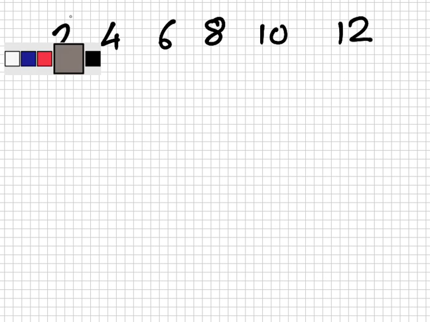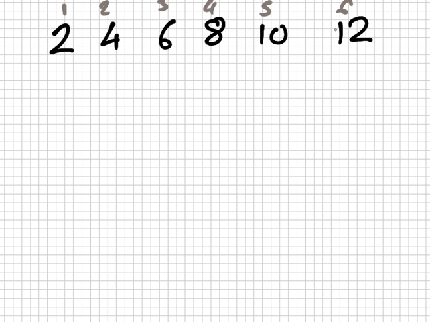Let's say, what type of sequence is this? AP. What's the A? 2. And the D? 2. This is the first, second, third, fourth, fifth, sixth term. Now, if I was to take out the first term, it's 2. The second term is 4.